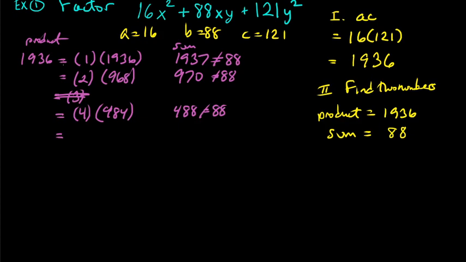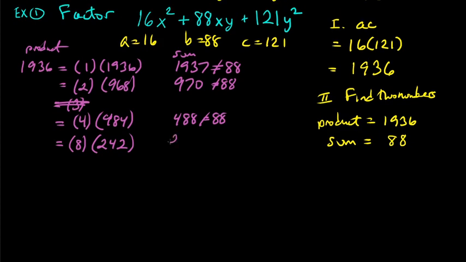So clearly we're not going to be able to divide by 5, or 6, or 7. Can we divide by 8? So I think it's 242 times 8. Yep. And when you add those, you get 250, still not 88.